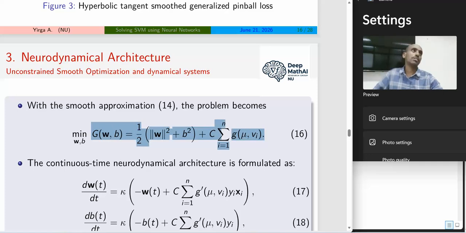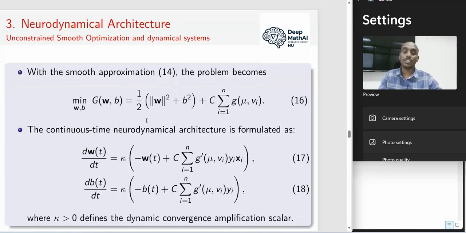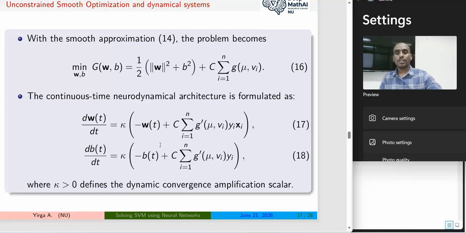It is differentiable. Now we can apply gradient based solvers. Based on the gradient based solvers, we propose continuous time dynamical systems. Actually, we are solving this problem with respect to the weight vector W and the bias b in the equation of the separating hyperplane.